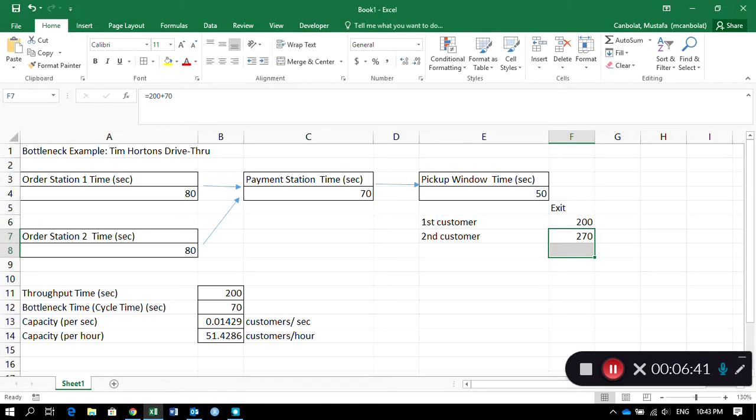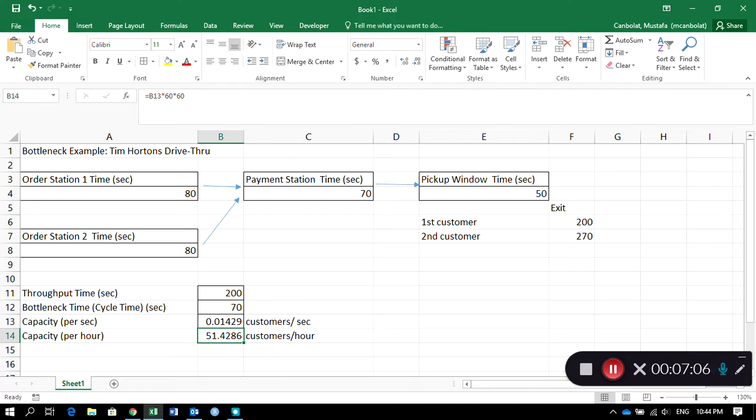But now if these 51 customers are not sufficient for the business, and let's say there are more customers coming in than can be served. So the capacity is 51 customers every hour, but let's say in the morning they get 60 or 70 customers every hour.